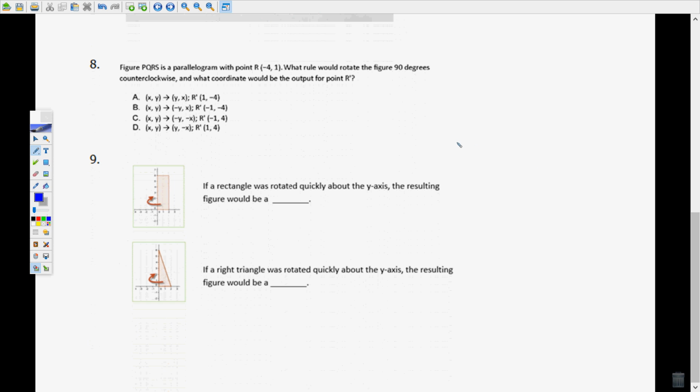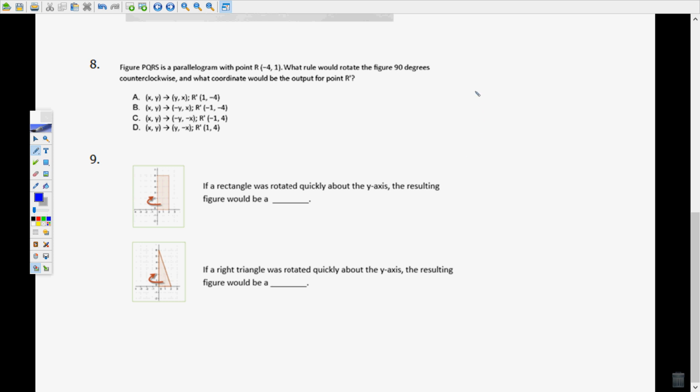Figure PQRS is a parallelogram with point R (-4, 1). What rule would rotate the figure 90 degrees counterclockwise, and what coordinate would be the output of point R?